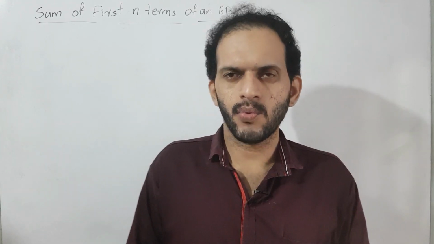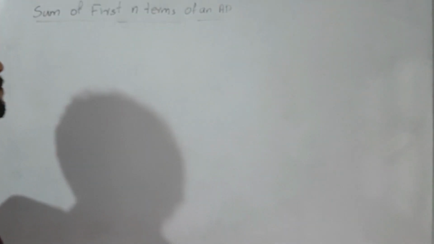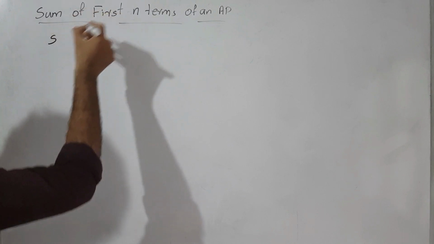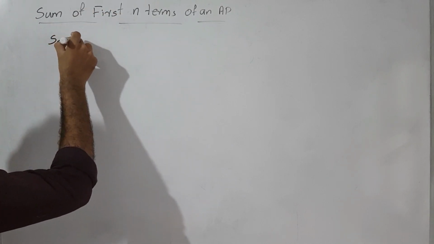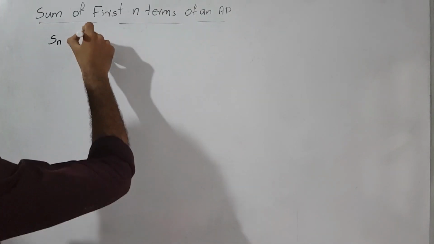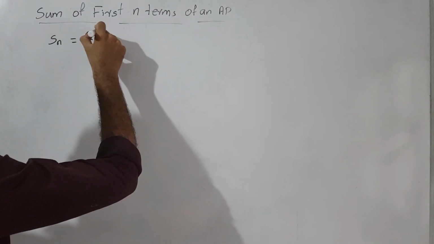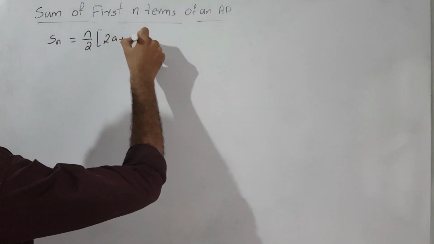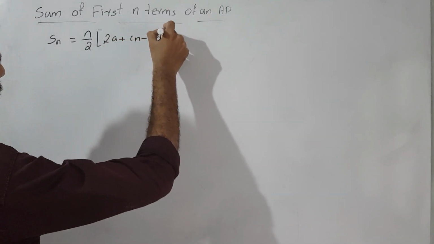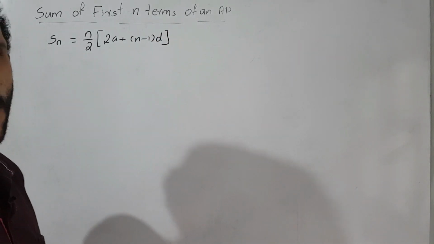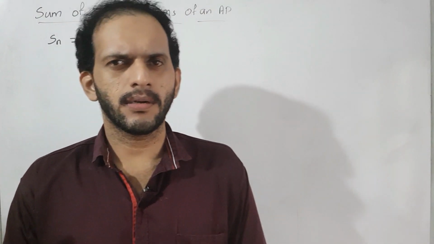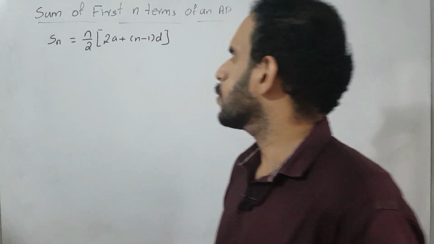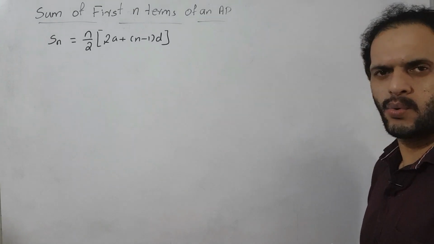Denoting the sum of n terms of an AP as Sn, the first one is Sn is equal to n by 2 into 2a plus n minus 1 into d. This is the common equation we use to find the sum of n terms of an AP.